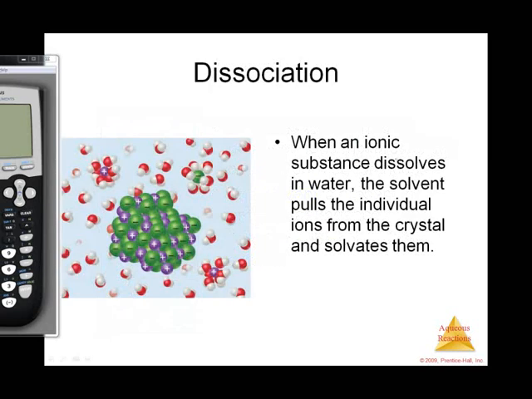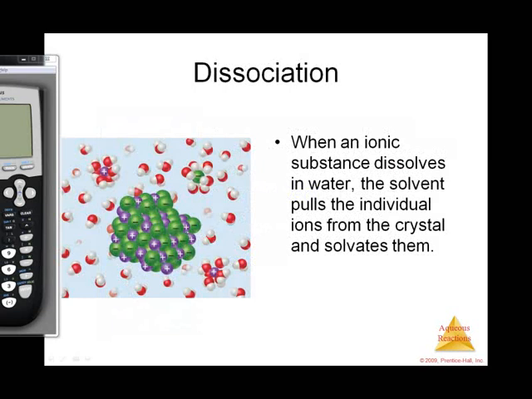When an ionic substance dissolves in water, the solvent, and generally we're talking about water, pulls off the individual ions. So here we have a water. The white parts are the more positive side of the water. The red is the oxygen, the more negative side.